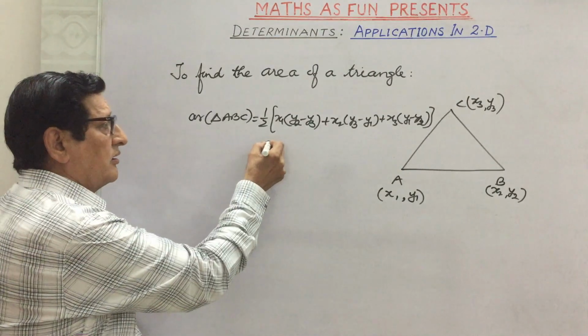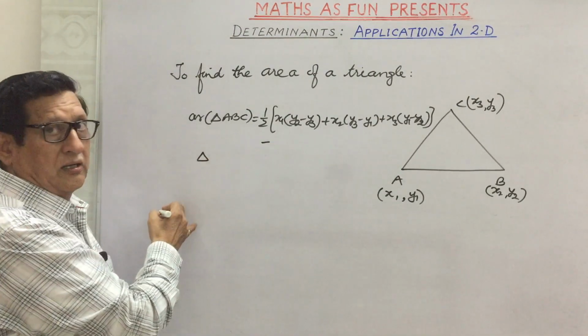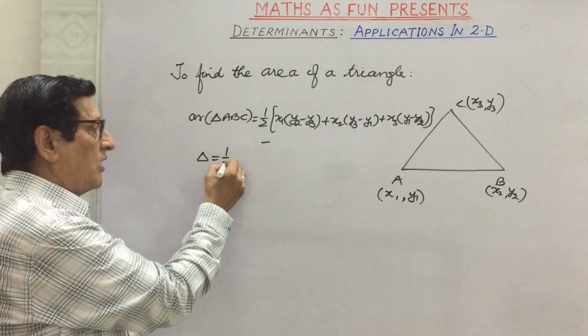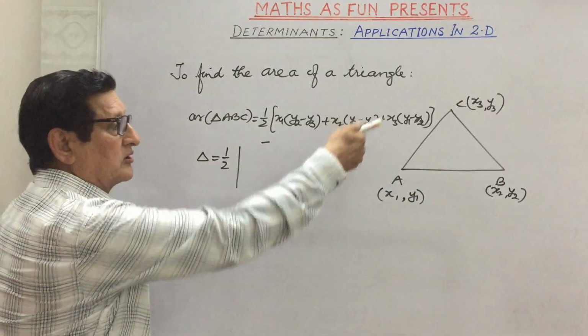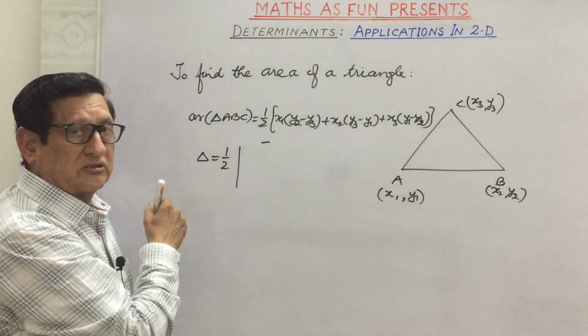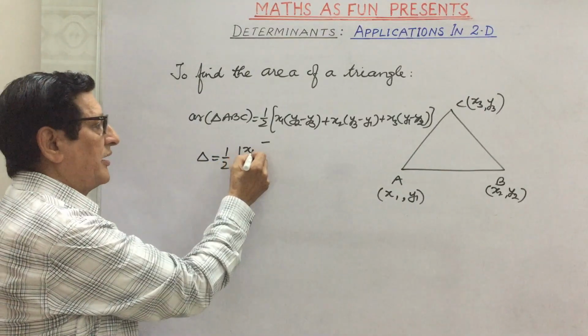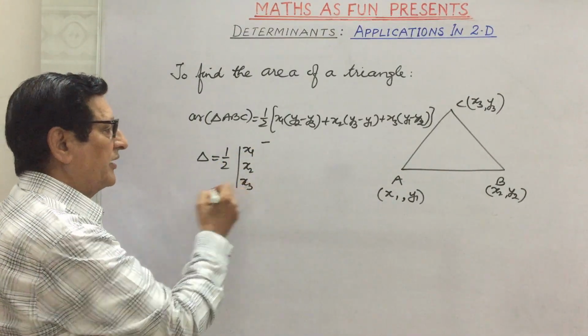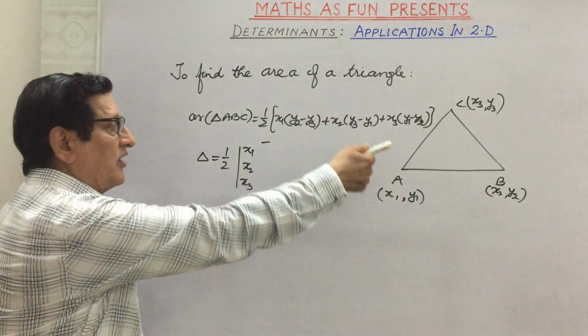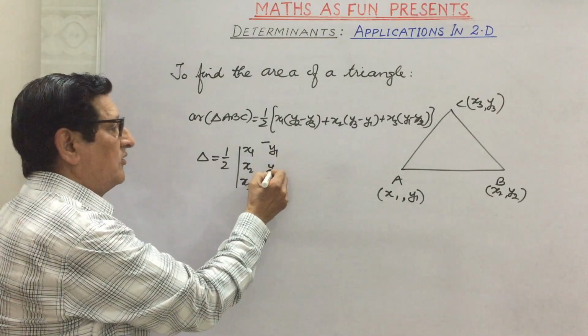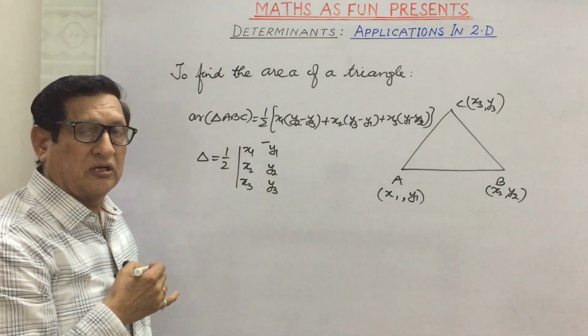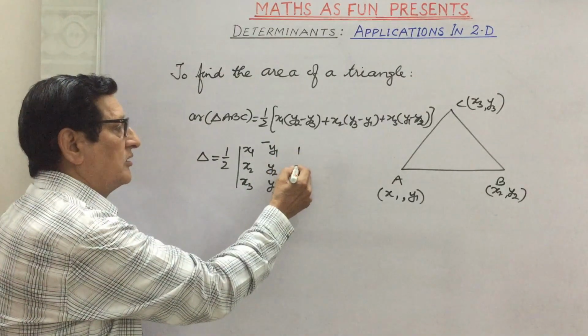If we make a determinant delta which is half of, we take all the three x coordinates in the first column x1, x2, x3, all the three y coordinates in the second column y1, y2, y3, and in the third column we take all 1.